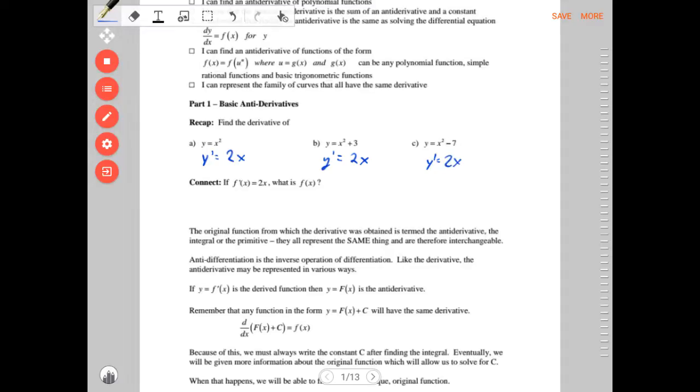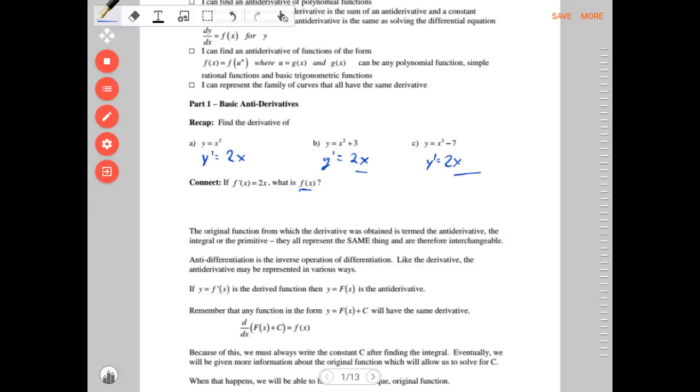Okay, now, if we connect all these things, if f prime of x is 2x, then what is f of x? What's the original? Well, if we have a look up here, 2x, 2x, 2x, the original function was x squared, x squared plus 3, x squared minus 7.